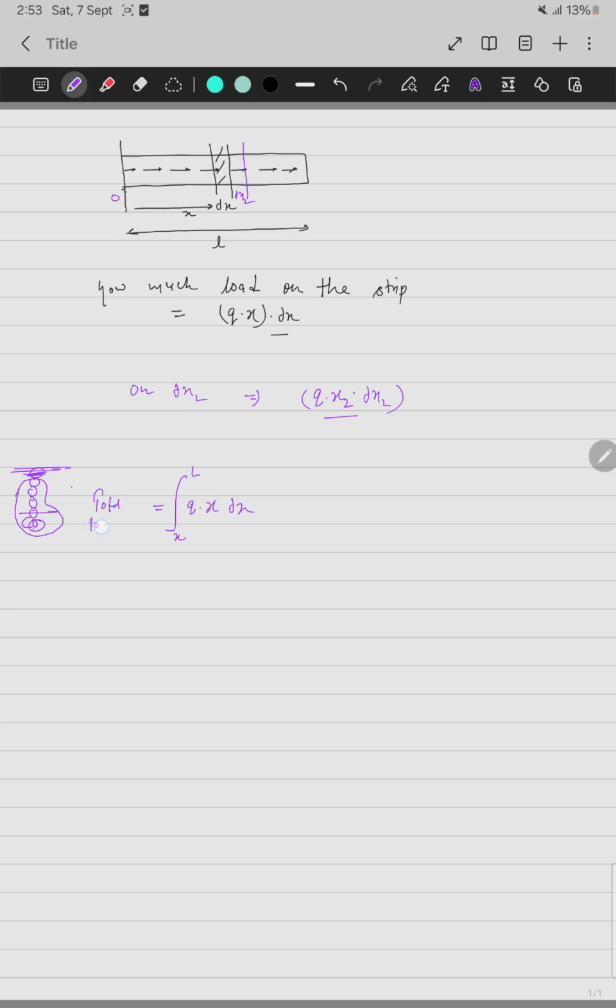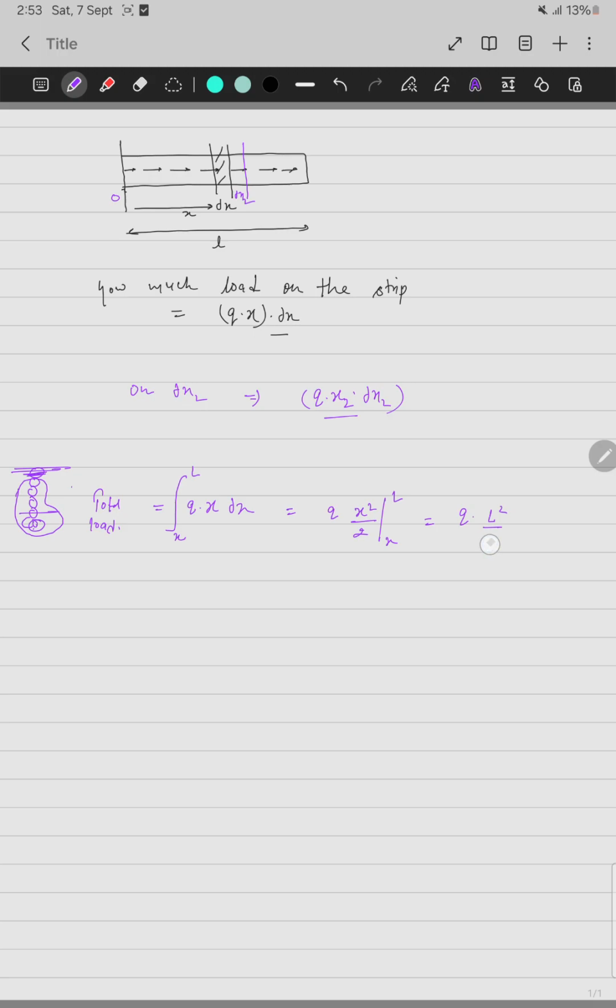Now if we solve this, q will be constant, it will be x square divided by 2, lower limit x, upper limit L. So we will get q times L square divided by 2.